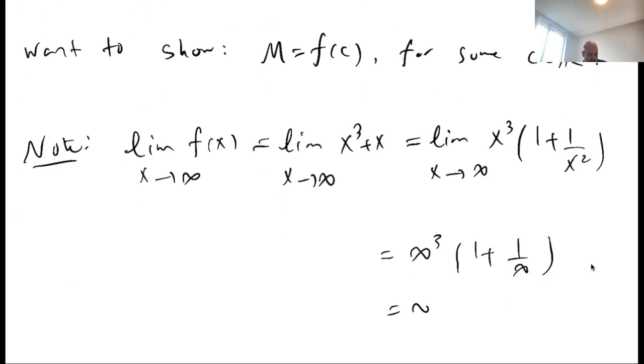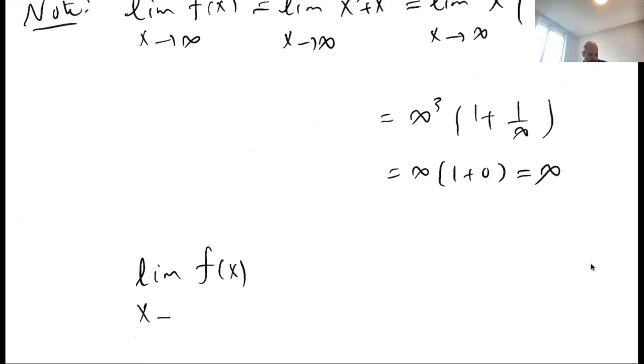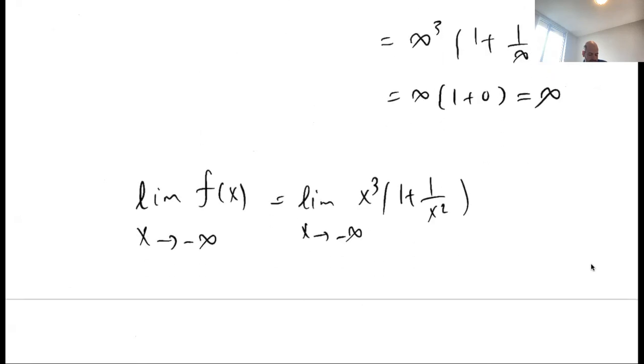So this is infinity times 1 plus 0, and the answer is infinity. And what about the limit of f of x as x approaches minus infinity? This is the limit of x cubed times 1 plus 1 over, again, x squared, as x approaches minus infinity. Then this is minus infinity cubed times, again, 1 plus 0. Again, the answer is minus infinity.